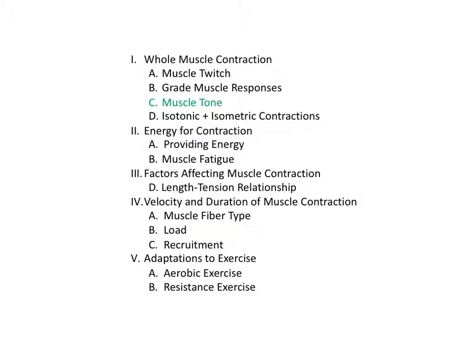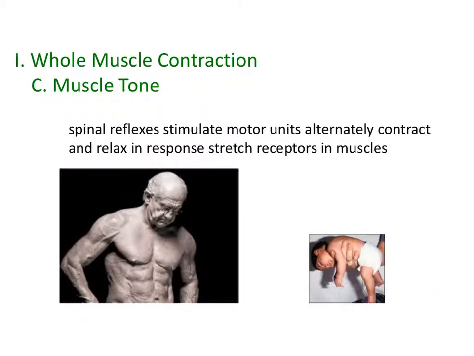The next thing we're going to talk about, just in terms of definitions, is what is muscle tone. Muscle tone is defined as the state of slight contraction that all skeletal muscles normally maintain. So slight, constant, low-level contraction. Normally, if somebody is not ill or in a certain state of sleep, you always have some skeletal muscle tone.